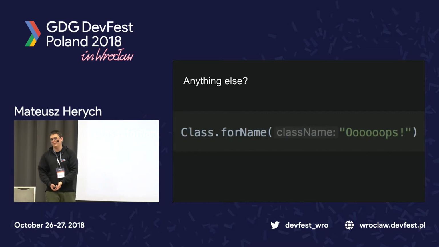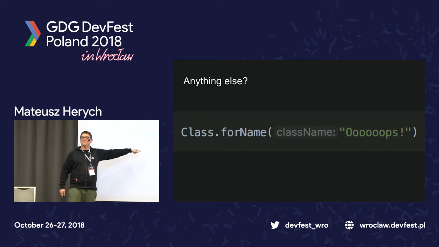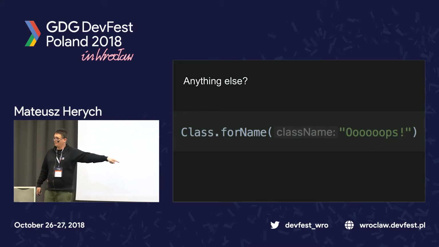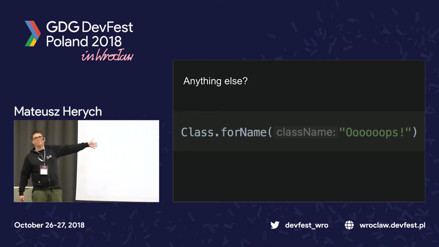So anything else? Oops. Well, this is something you would really not like to see during code review. Really, that's the only way. Now the only thing you can do is try to find a workaround.